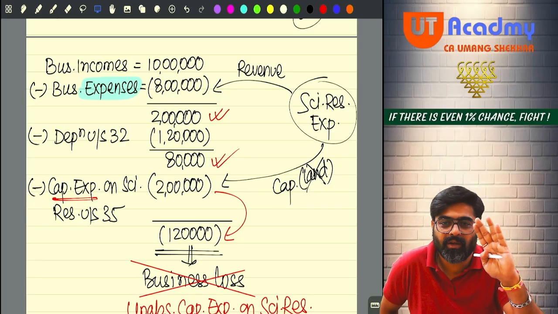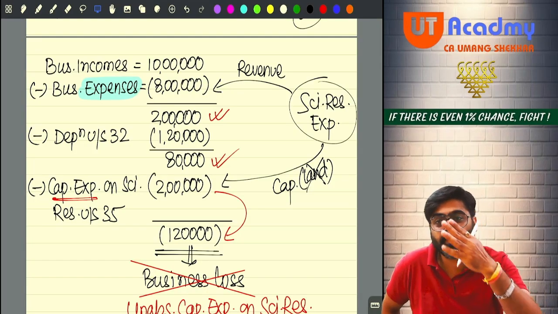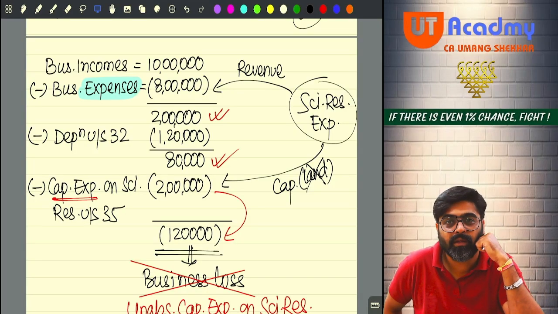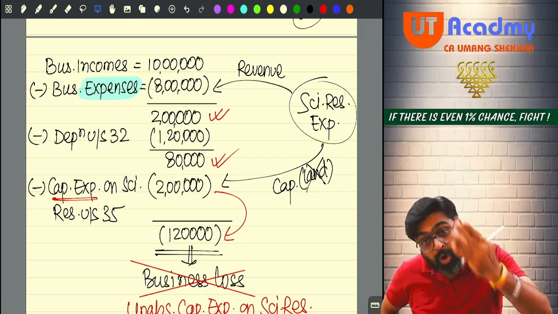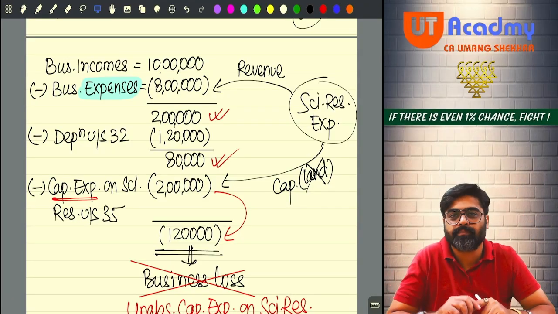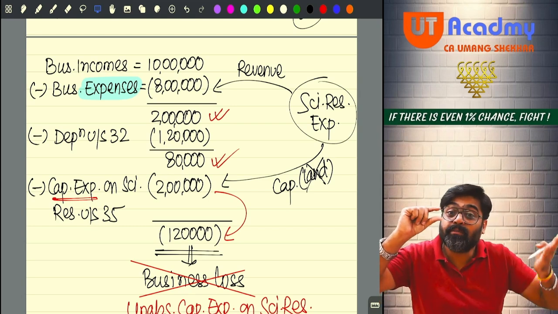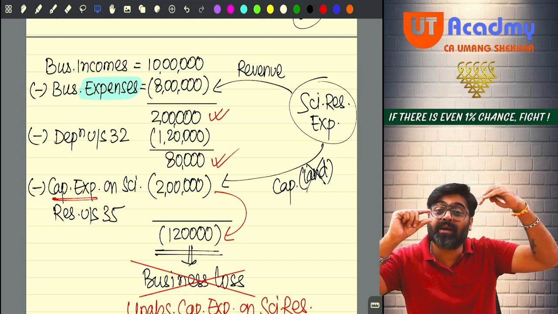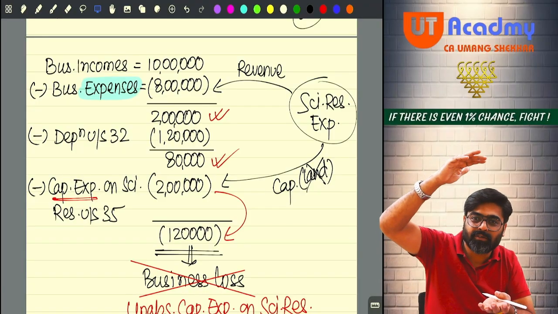Because knowing that we are going to allow you the full amount of capital expenditure as your business expense only, there are bright chances in most cases that a specified business will have a loss, because business income will be this much and business expense along with the capital expenditure which is allowed under section 35D will be huge.